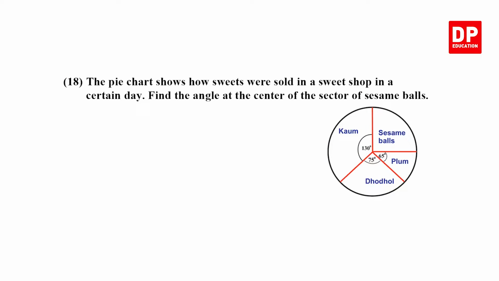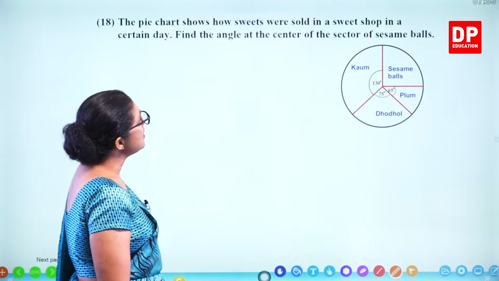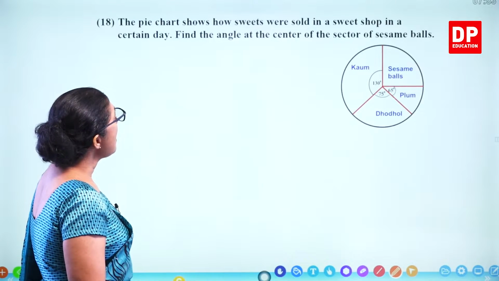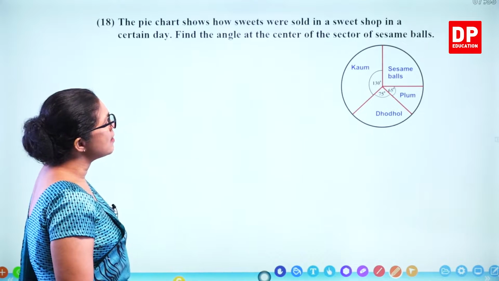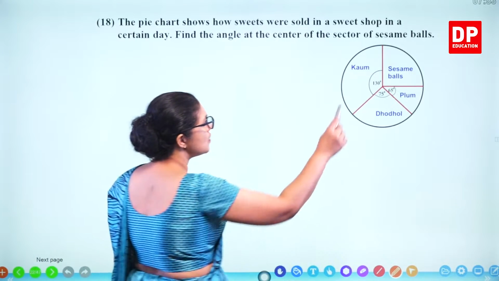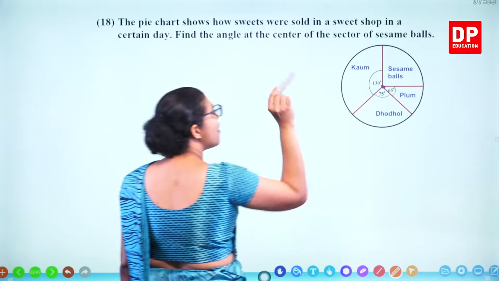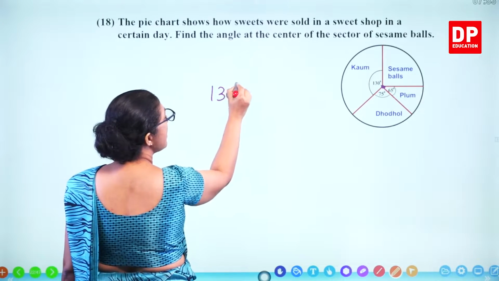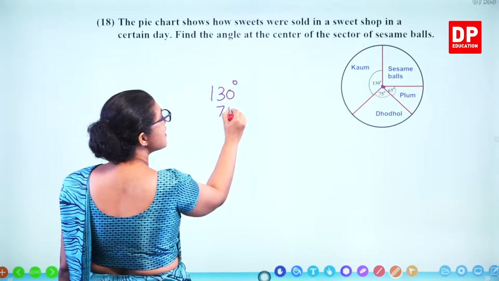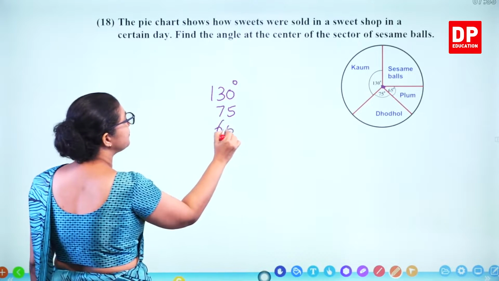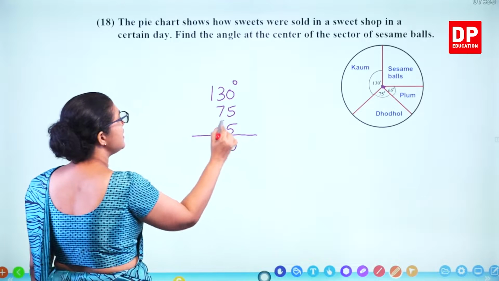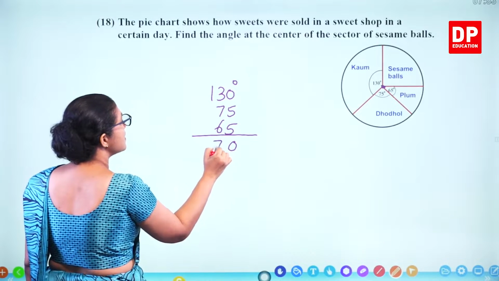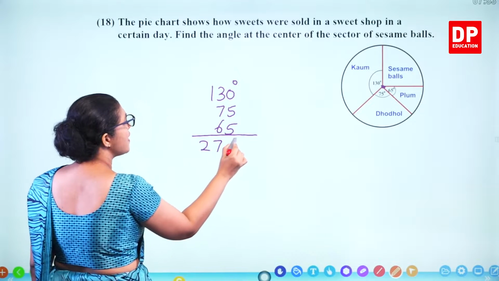Question number 18. The pie chart shows how sweets were sold in a sweet shop on a certain day. Find the angle at the center of the sector of sesame balls. This one. Angle around a point is 360. So we'll add all the other angles, 130, 75 and 65. 10 and 14 plus 3, 17 and 1, 270.